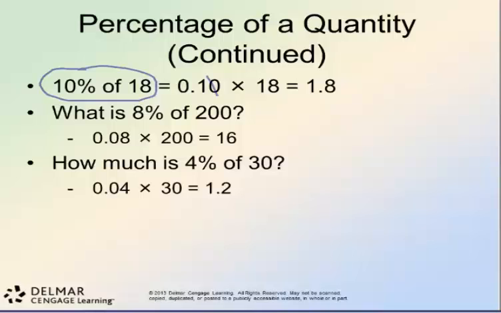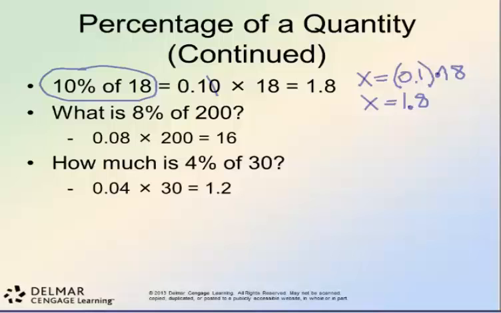That 0 is not really needed there. And so we have 1/10 times 18 and we get 1.8. So that is what 10% of 18 is. So it's 0.1 times 18, which we have written there as 1 and 8/10.